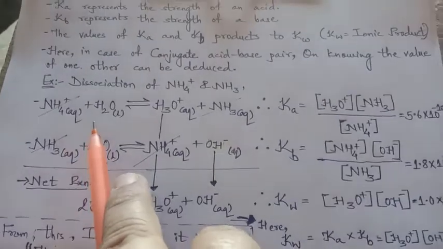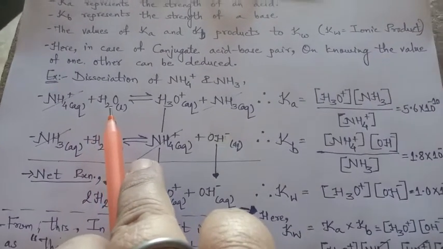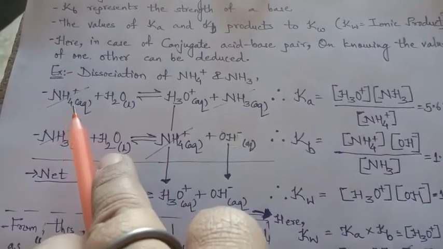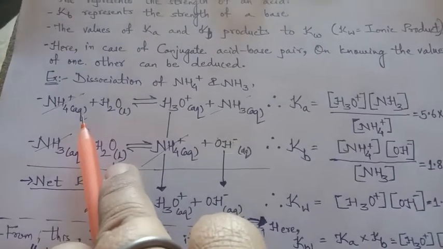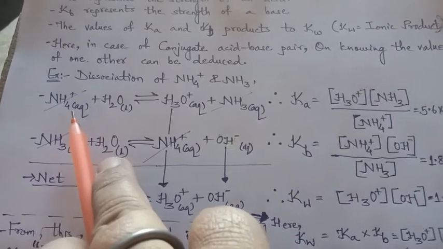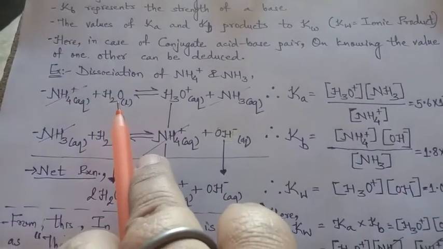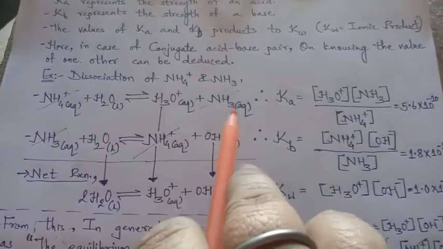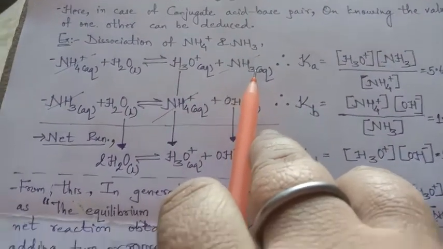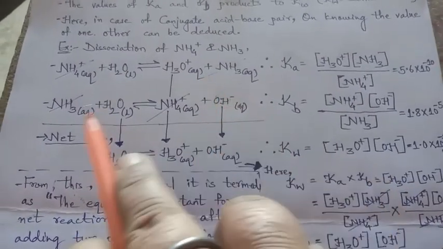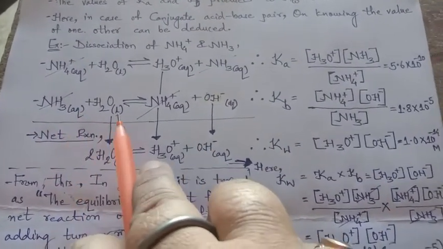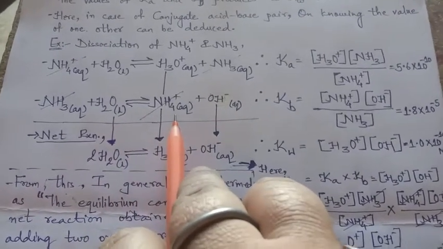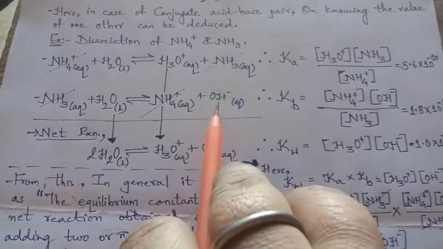Now here, instead of H2O getting ionized, first the NH4 plus is ionized and H is given to H2O, where it exists as H3O plus, and this will be ammonia NH3. Now NH3 when it reacts with water, NH3 plus H2O, it will again give ammonium ion plus OH minus.